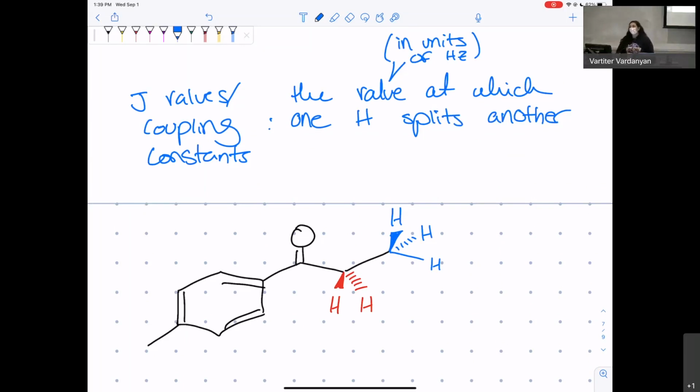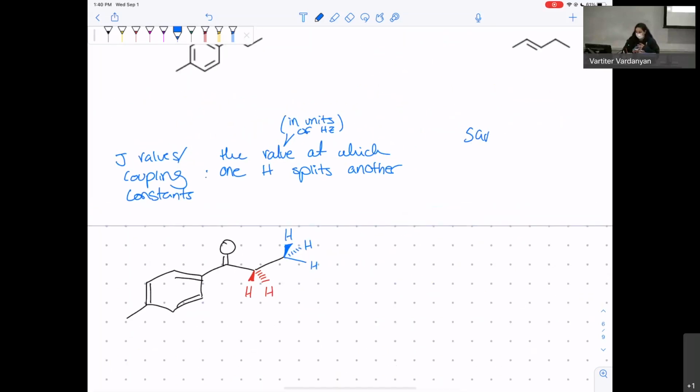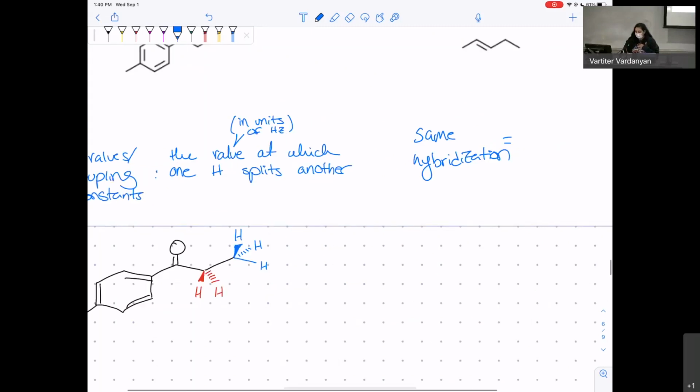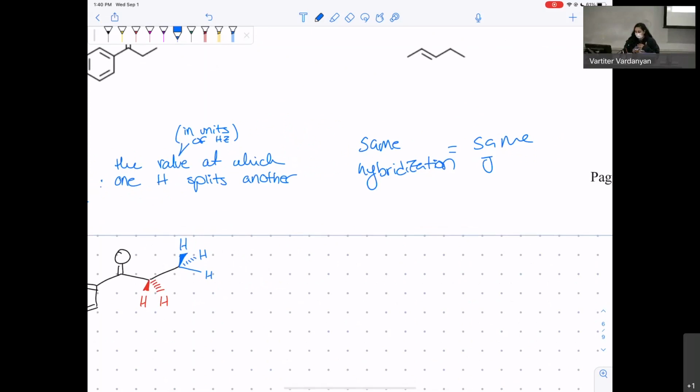I don't know about you guys, but I'm not that enthusiastic about NMR. So I like to think same hybridization equals same J value. And it'll make sense in a second.